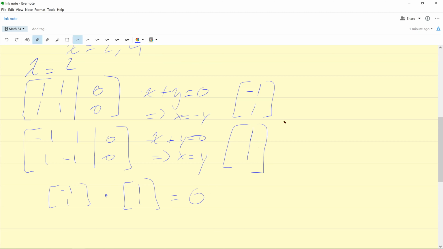If their dot product isn't 0, then we have to find the projection. It depends on the specific matrix. Some of them, like this one, the basis will already be orthogonal, but for other ones, you might have to do a little bit of work to find projections.